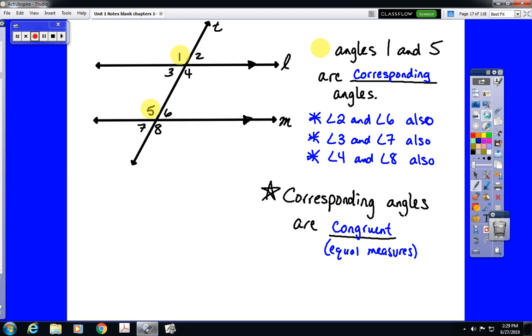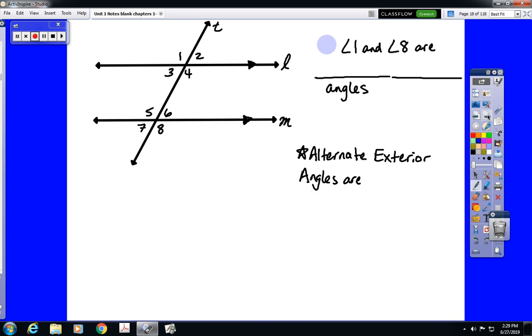Okay, the next relationship, which again we're going to use color to mark, in this case blue, are angles 1 and 8, which are an example of what are called alternate exterior angles. They are alternate because one of them is on the left side of the transversal and the other is on the right. And they are exterior angles because they are outside.